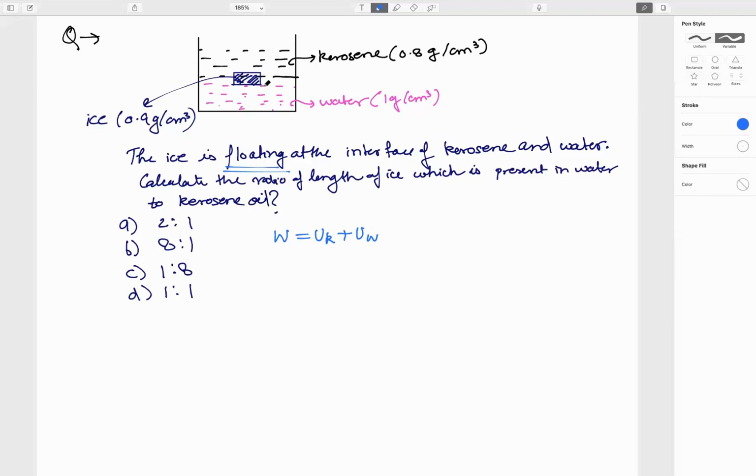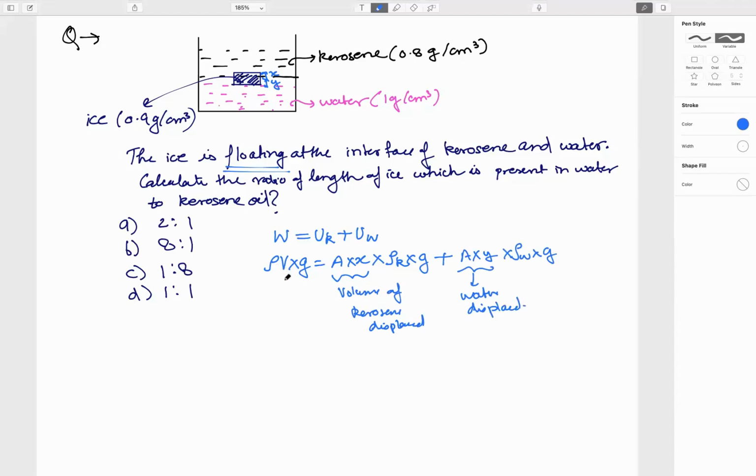So weight is rho, volume let's say V, into G. Let's say X part of it is in kerosene and Y part is in water, and area is A. So A into X into density of kerosene into G is the volume of kerosene displaced, and this is the volume of water displaced.